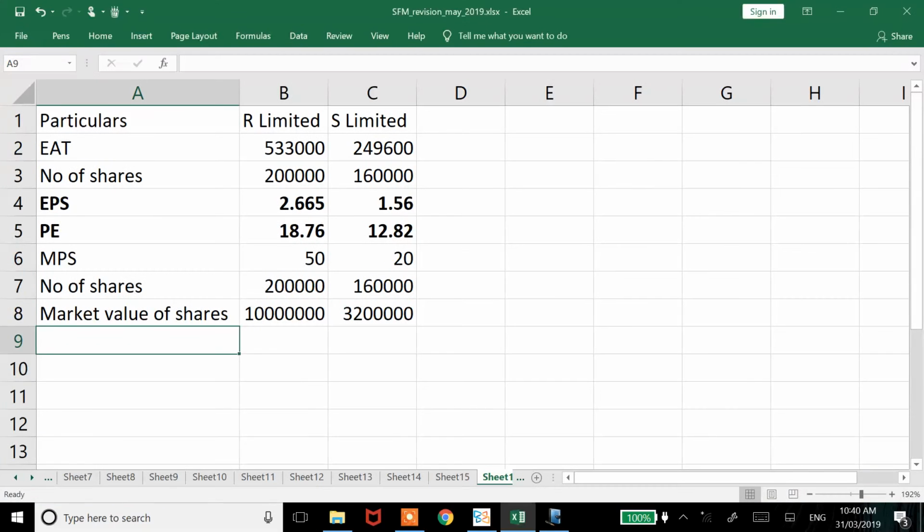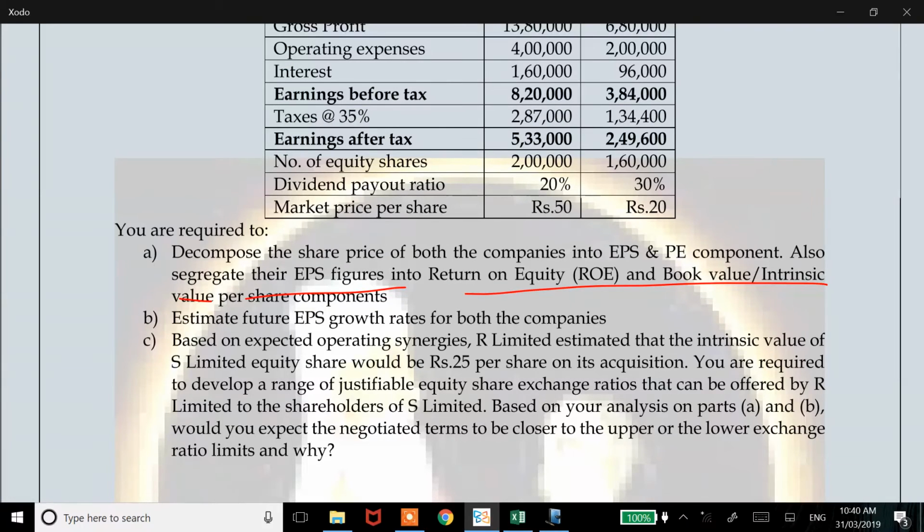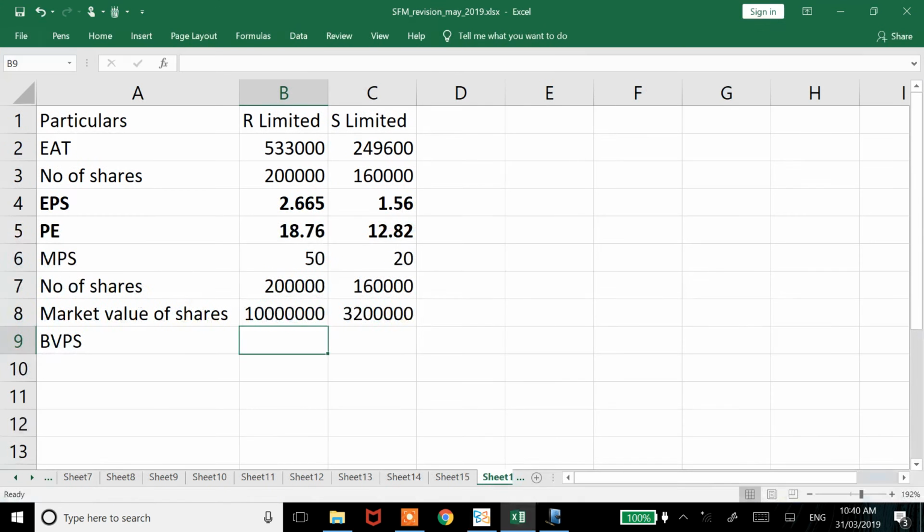Now in that table, I'll have to write book value per share. You look at the data and tell me what is the book value per share. Reserves and surplus plus share capital divided by number of shares. Reserves and surplus, 12 and 10, and ROE is earnings per share by book value per share into 100.